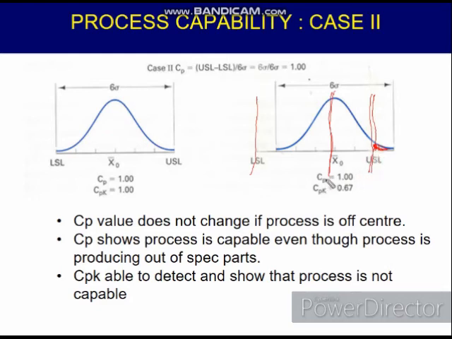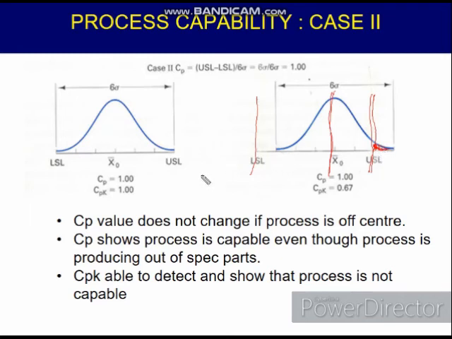So if you use CP to ascertain the capability of the process, then you are making a wrong decision. Right? But if you use CPK, then CPK will reflect that the process is not capable of producing good units, and some of the product produced in this particular operation will be bad.